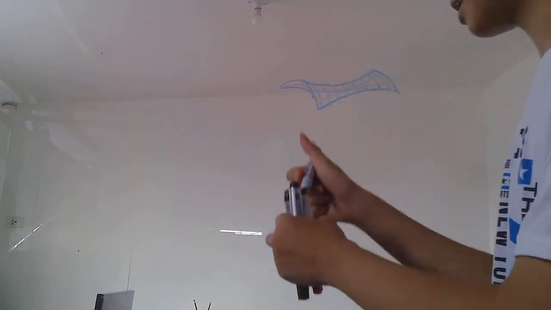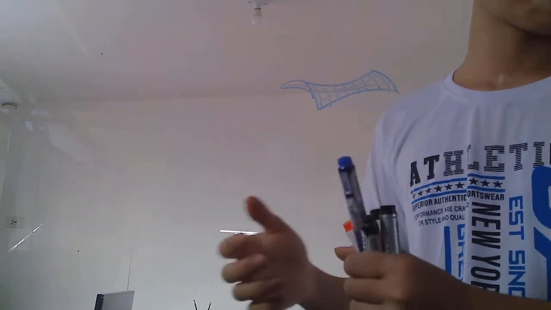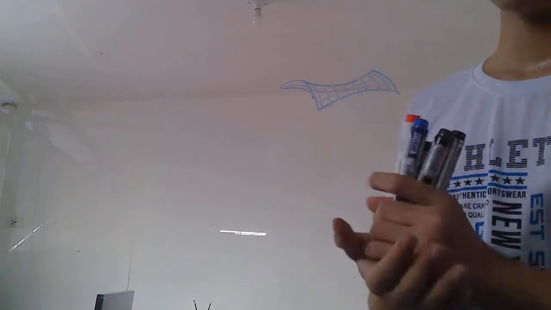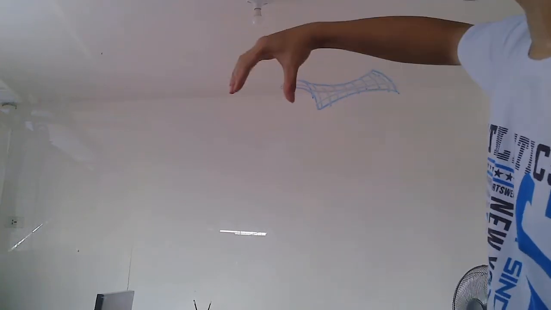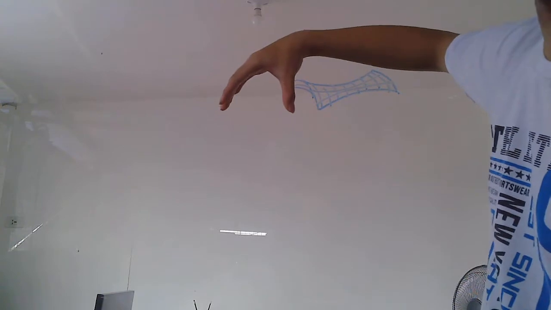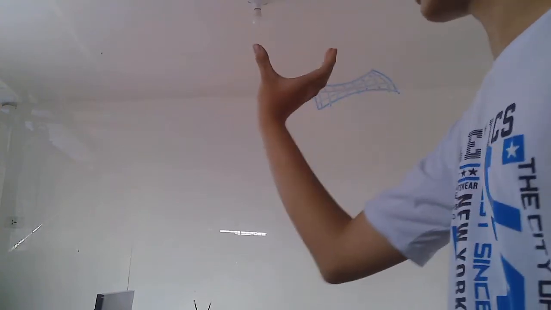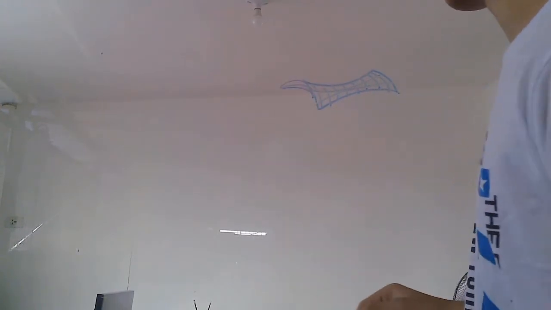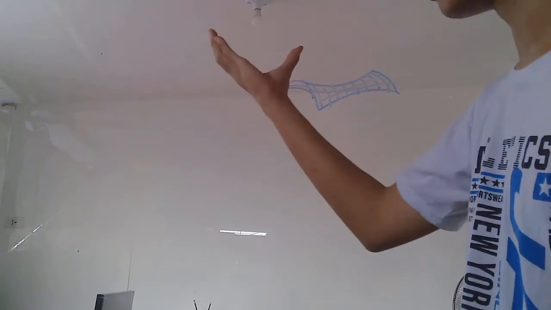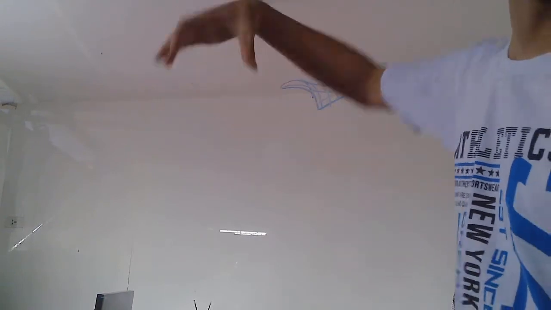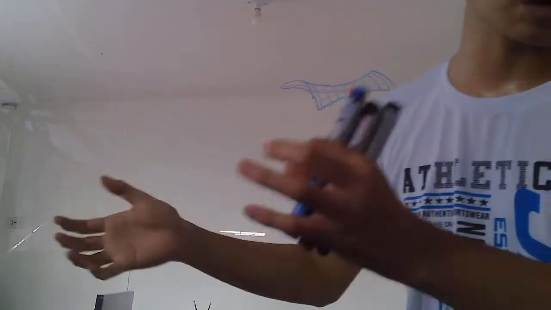And the thing that's interesting about a Pringle chip is that if we face it one side, it has negative curvature, and if you face it the other side, it has positive curvature. So it points upwards on one side, and downwards on another side. That's what's interesting about these kinds of manifolds.